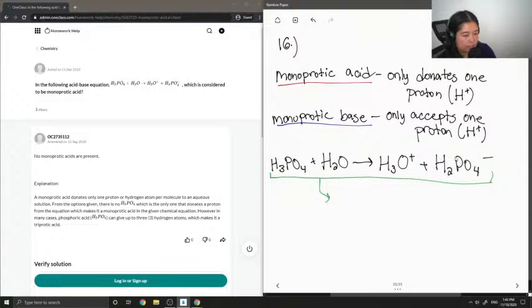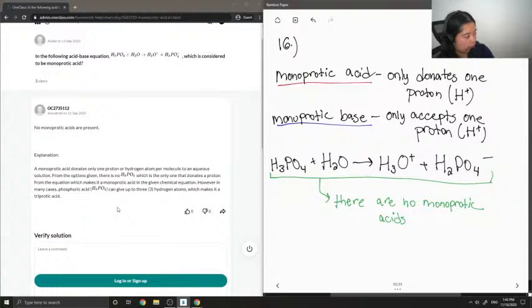And even the conjugate acid is H3O plus. So therefore, there are no monoprotic acids in the equation. So our junior tutor said the same thing.